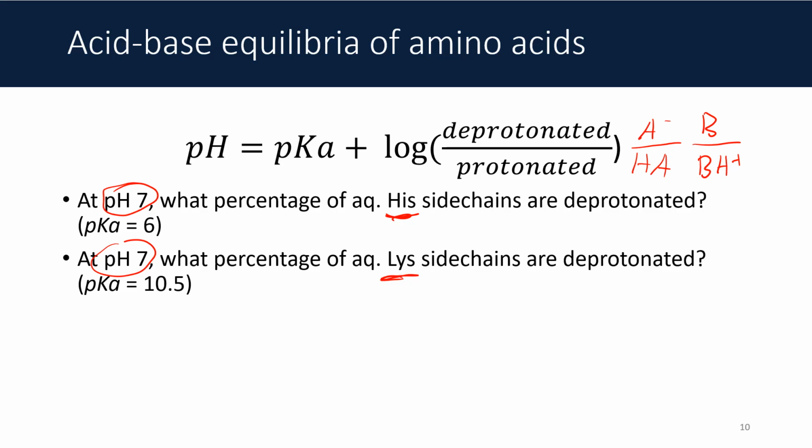So it's a pretty simple setup in my opinion. The pH is 7 if we're working off this first problem. The pKa of histidine is 6. I expect you to have that memorized sooner rather than later, but since you just met histidine, I put it over here in the question, plus the log of deprotonated over protonated.